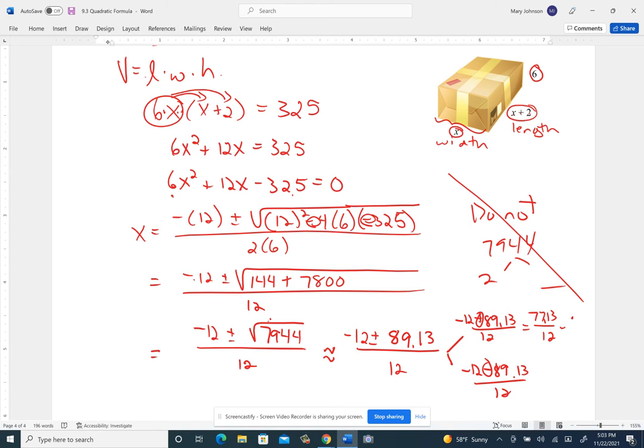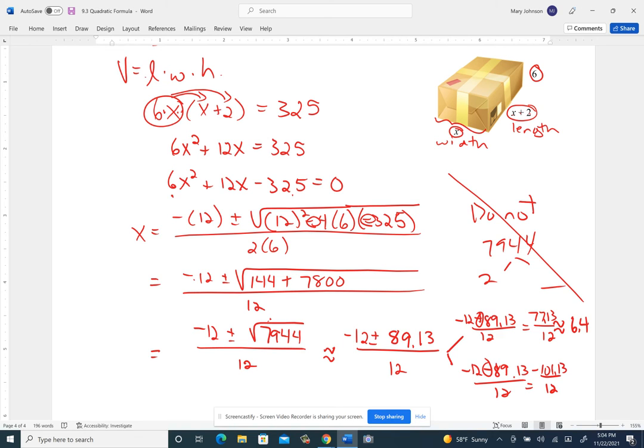I'm rounding again and I get 6.4. And I'm rounding to the nearest tenth now because I know I'm going to do that for my final answer. Now the other one is not going to make sense, is it? Because when you do negative 12 plus a negative 89.13, you get a negative 101.